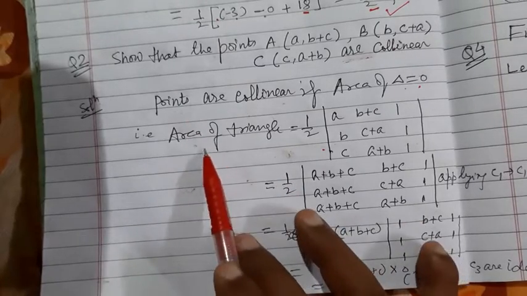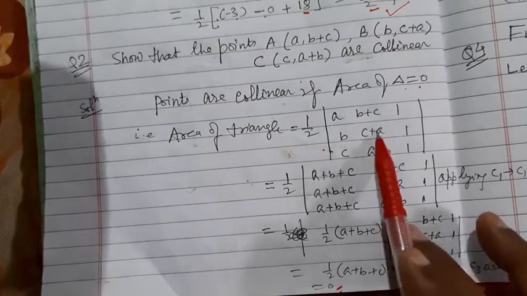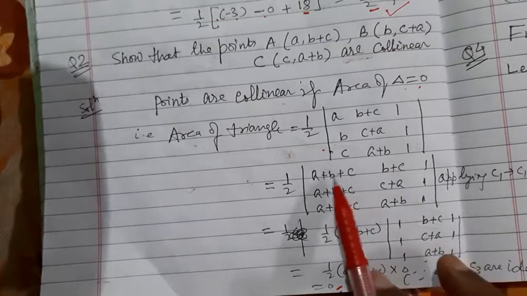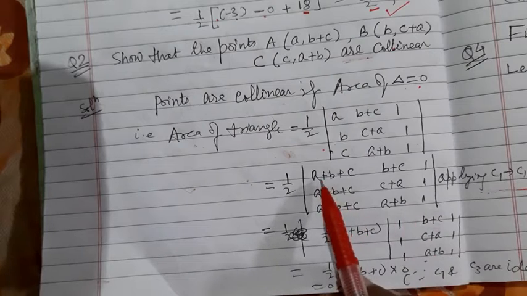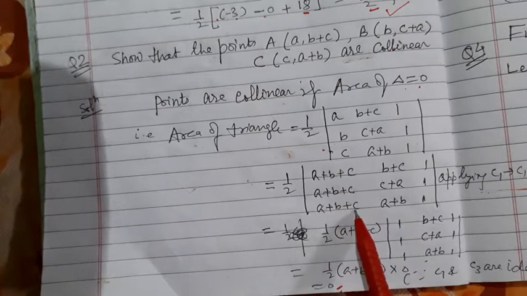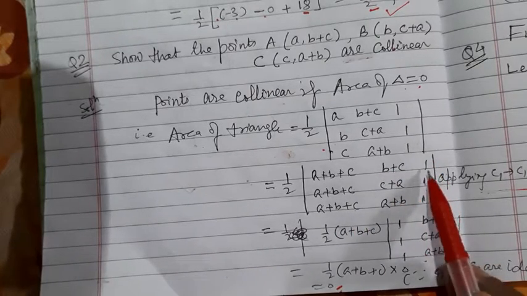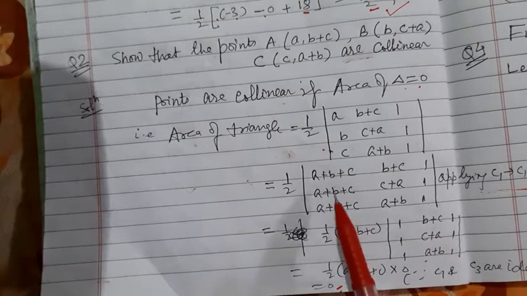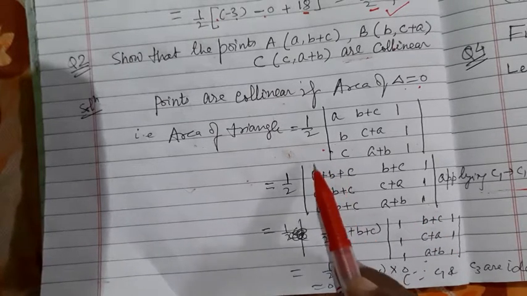In this case, if we are finding the area of the triangle, 1/2 times the determinant with rows x1, x2 y2 and x3 y3, and applying C1 goes to C1 plus C2, you get a plus b plus c in each row, while the second column and third column stay the same, and you can take the common factor out from C1.